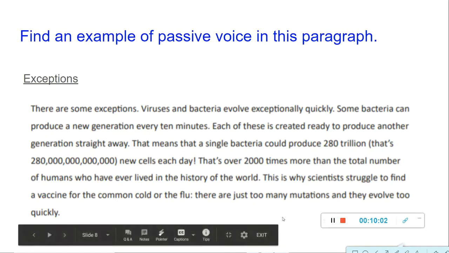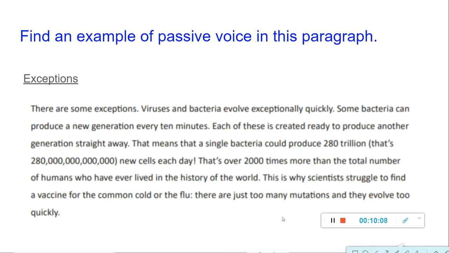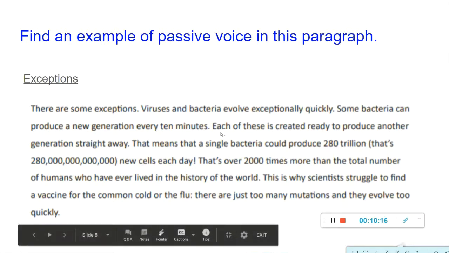Can you spot it? Now, passive voice is when we have two verbs together, and it's usually an is something or a was something. Yeah, we spotted it here. Each of these is created. And what creates them? We don't know necessarily.